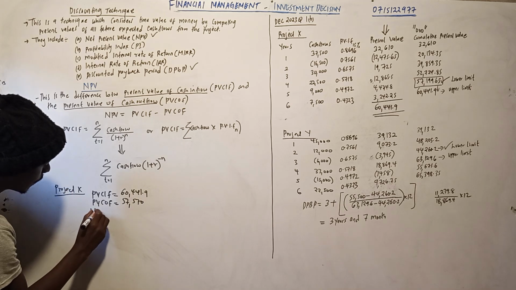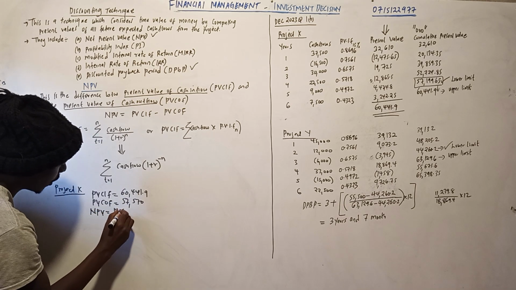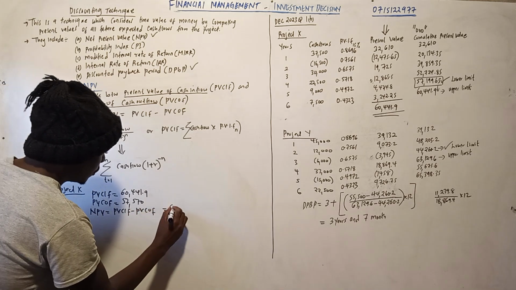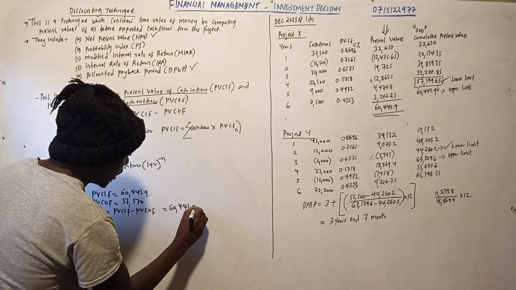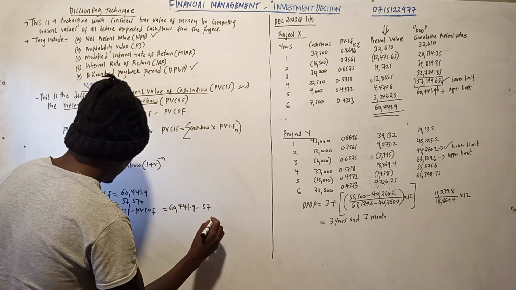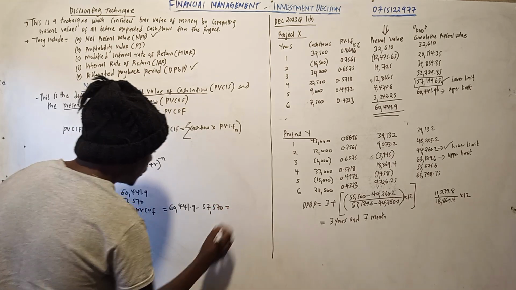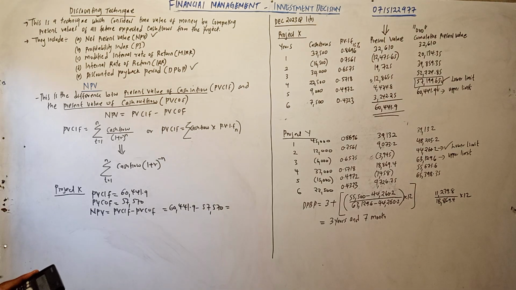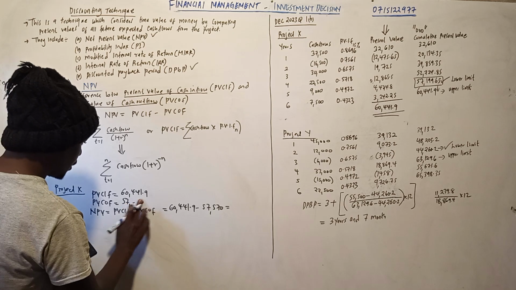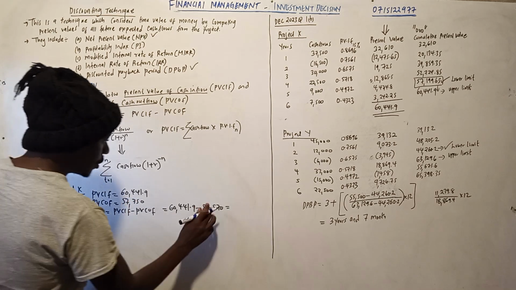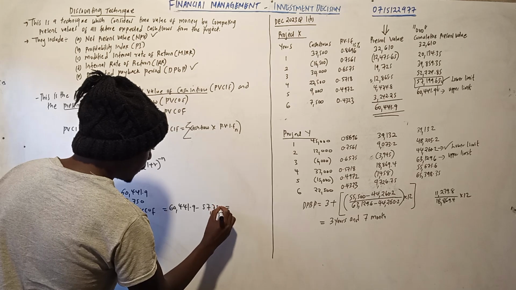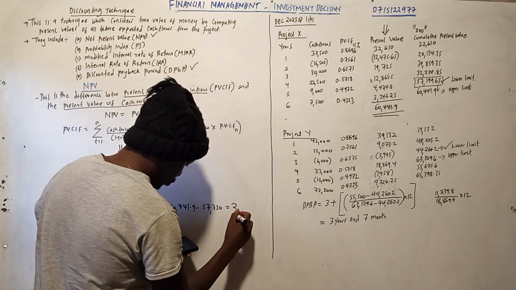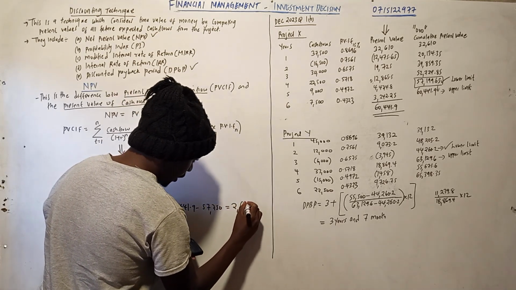NPV is equal to the present value of cash inflow minus the present value of cash outflow, which is 60,441.9 minus 57,750, which is 2,691.